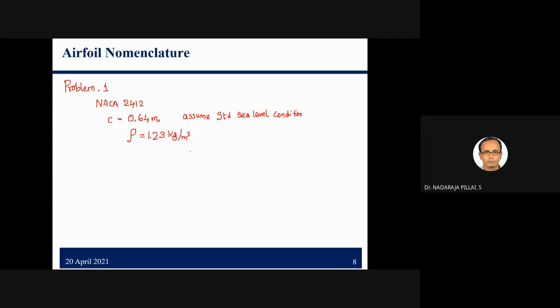So we have rho infinity at the free stream, and also we can write mu, that is 1.789 into 10 power minus 5 kilogram per meter second. And the free stream velocity V infinity is equal to 70 meter per second.